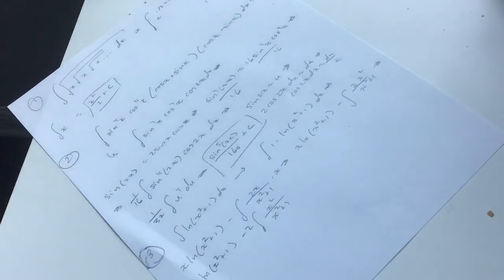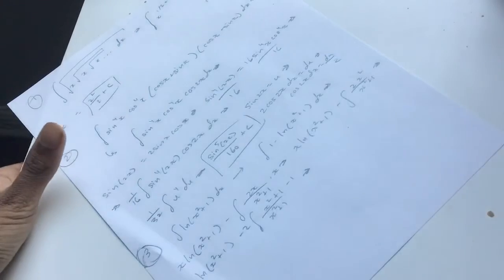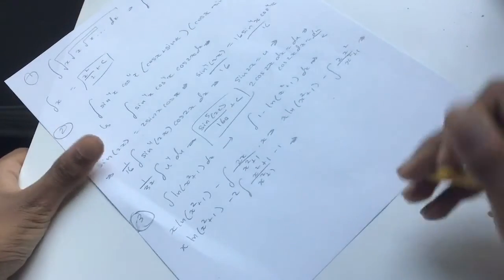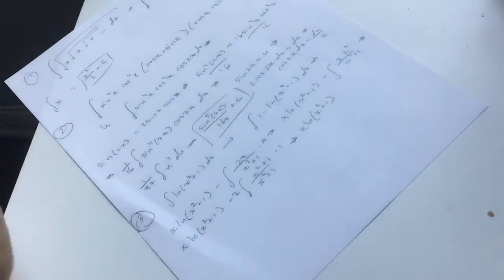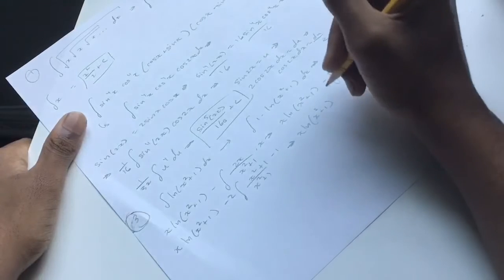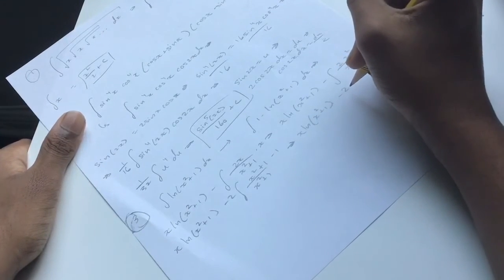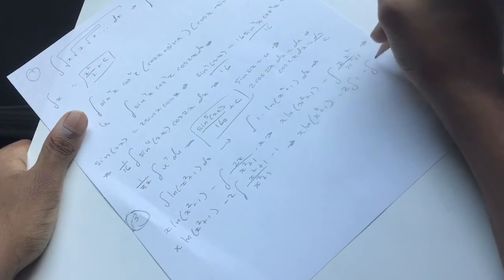Now again, there's no really easy way to integrate this, so what we need to do is add 1 and subtract 1. So this becomes x ln of x squared plus 1 minus 2 times the integral of 1 minus the integral of 1 over x squared plus 1.